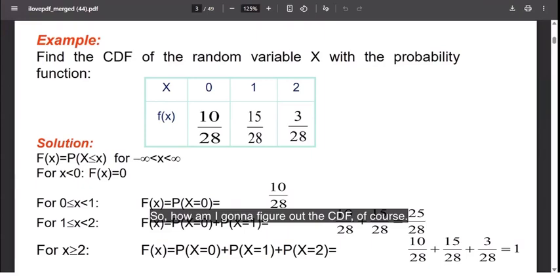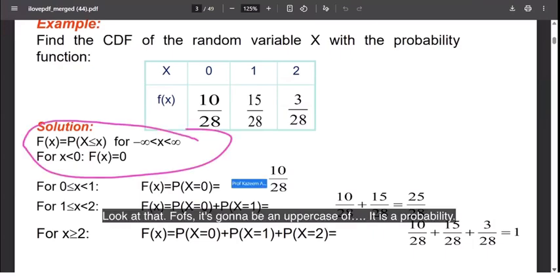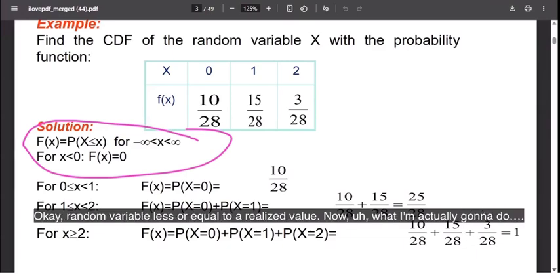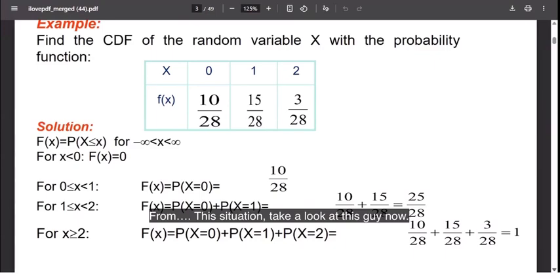Of course, the formula for the CDF is actually, look at that. F of s is going to be an uppercase F. It is the probability of a random variable less than or equal to a realized value. Now, just like the way we normally want to start, we're going to start from this situation.